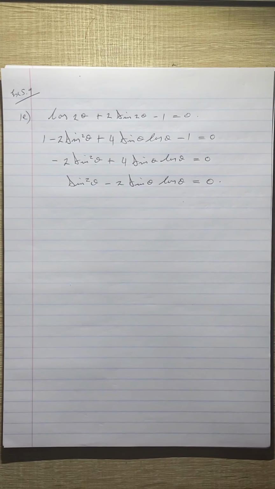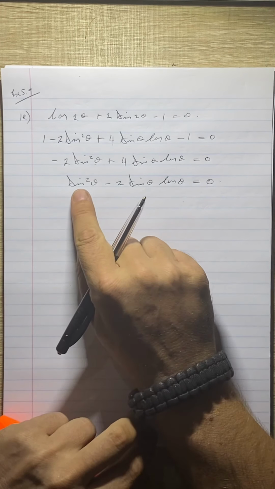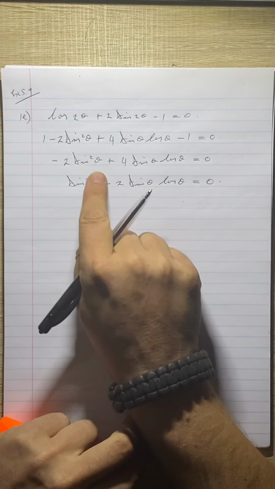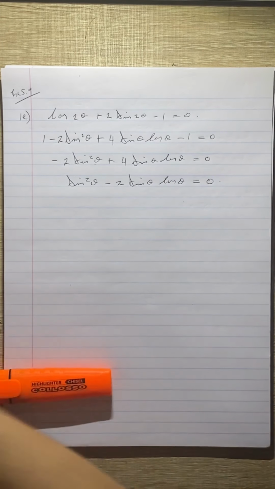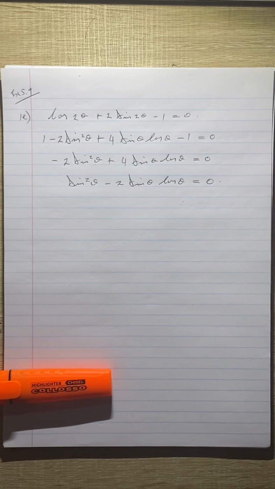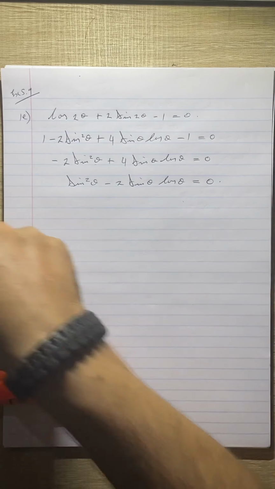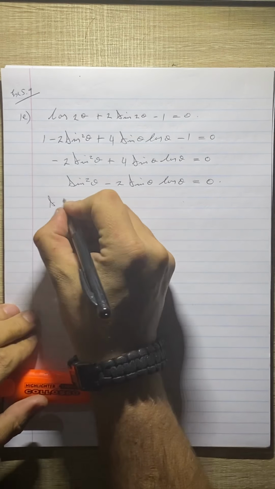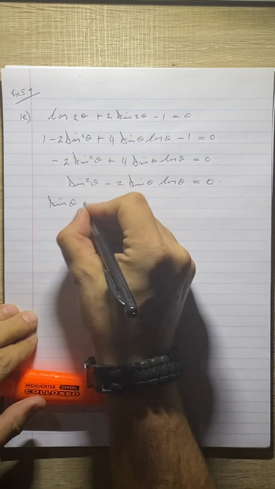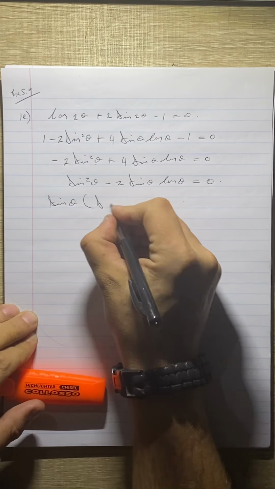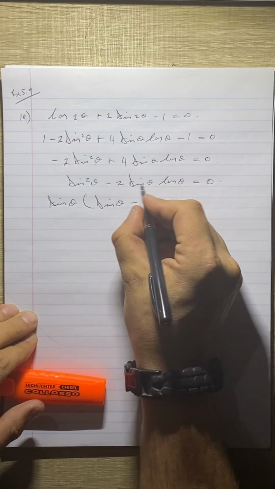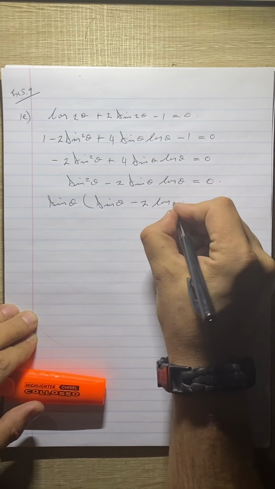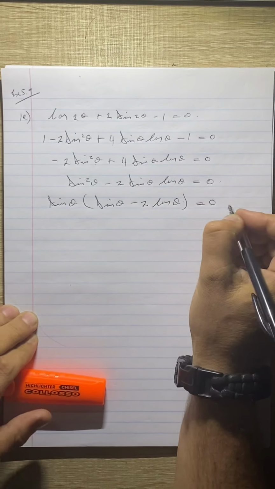So what I'm going to do now is take out a common factor. And my common factor is sin theta, because we have two terms here. There's our one term, here's our second term, and sin theta is common. So we can take that out, and we are left with sin theta. Over here, we'll be left with a sin theta minus 2 cos theta equals 0.